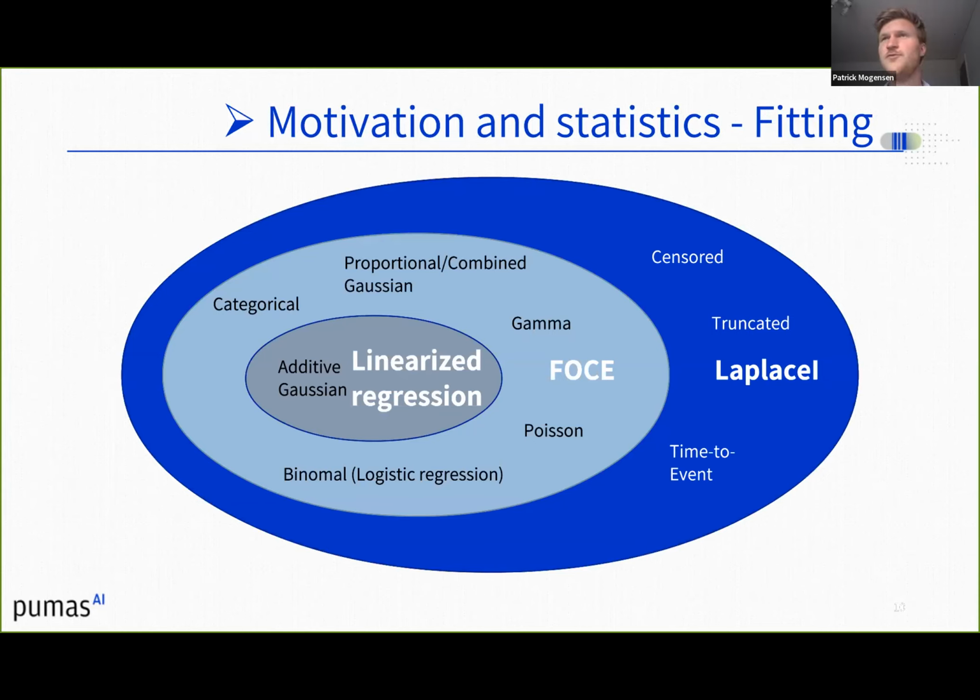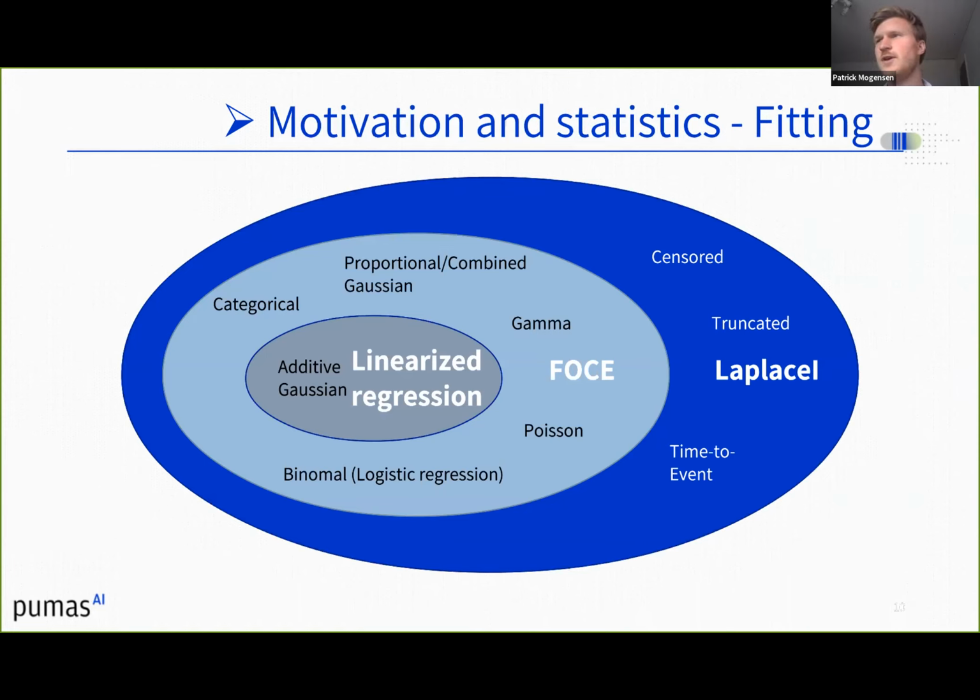So if you've attended some of the previous webinars, you will know that in Pumas we allow for different kinds of likelihood approximation methods, and there were one or two webinars about the FOCE method and how it can be used in conjunction with different dependent variable distributions, but also how we can use different random effects distributions.